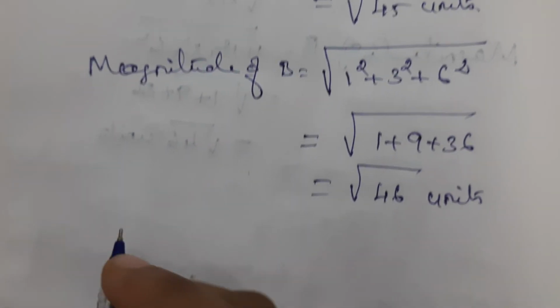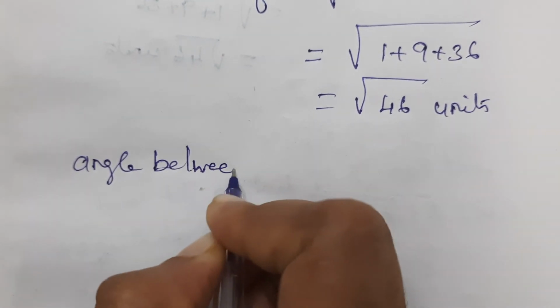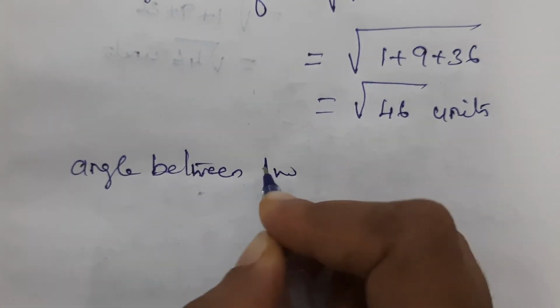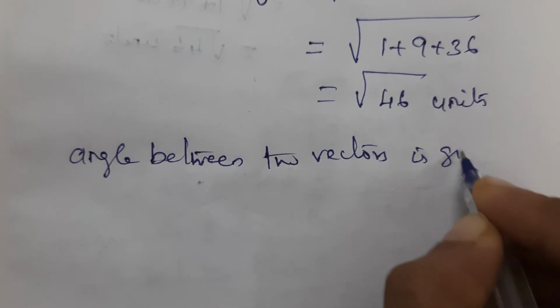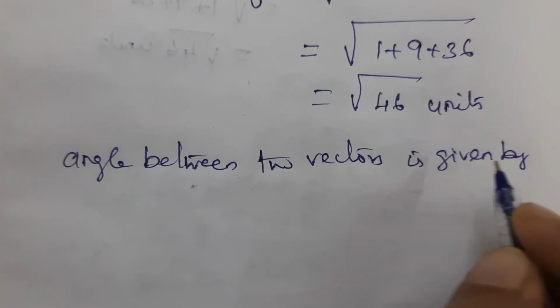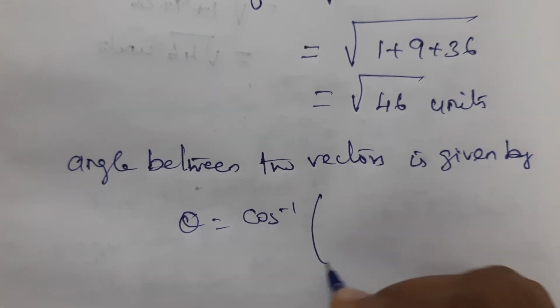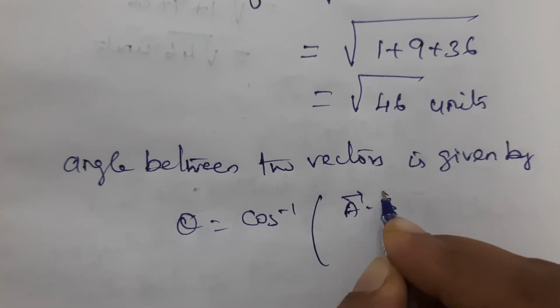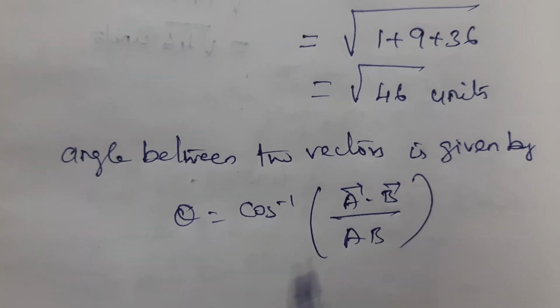Next, the angle between them. The angle between the two vectors is given by theta equal to cos inverse of A dot B divided by AB.